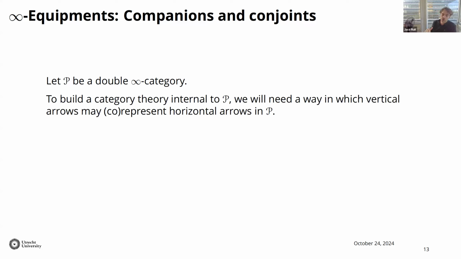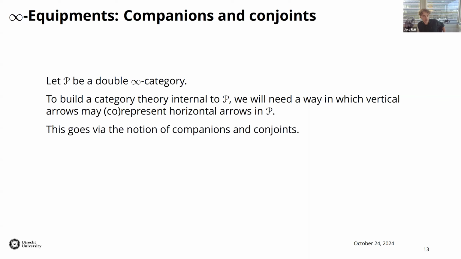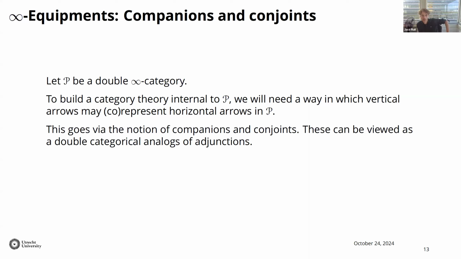We also wanted a way that functors may corepresent profunctors, and this idea is encoded using companions and conjoints. So we will need a way in which vertical arrows in our double infinity category may corepresent horizontal arrows in P. This goes via the notion of companions and conjoints, which can be viewed as double categorical analogs of adjunctions.